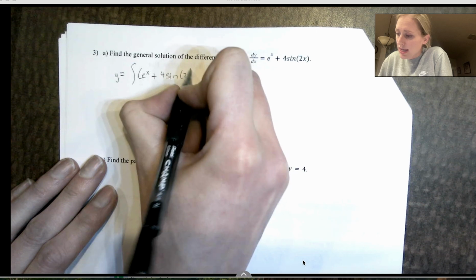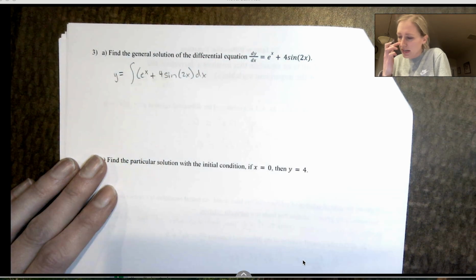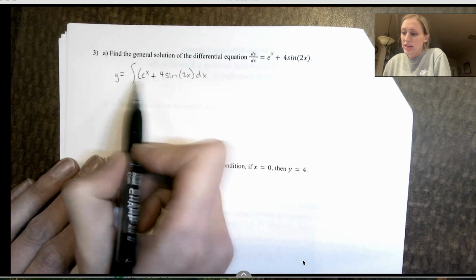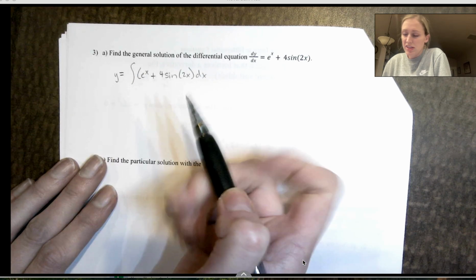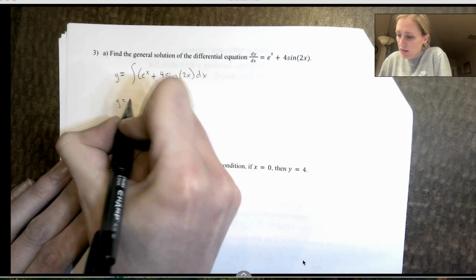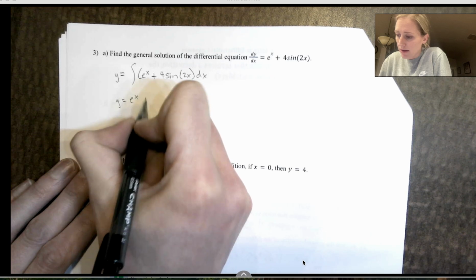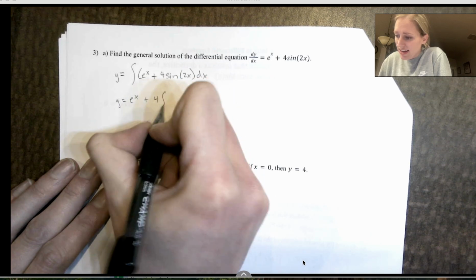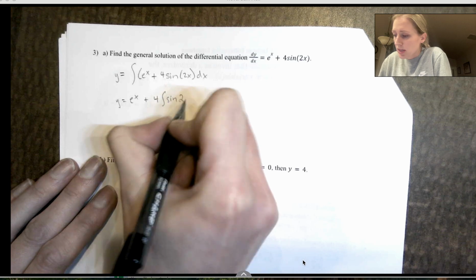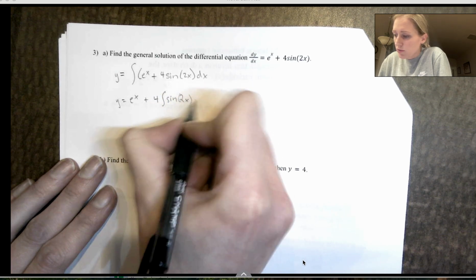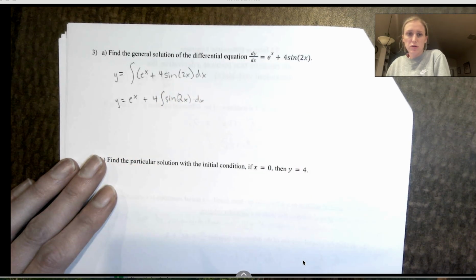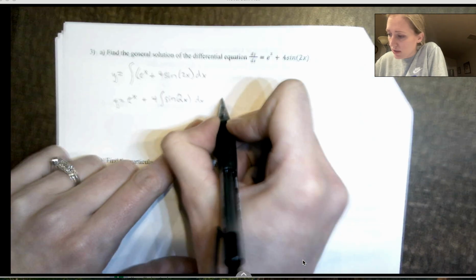Okay, now here we can take the antiderivative of e to the x pretty easily, right? We can also pull out that 4. Now, sine of 2x, we'll hopefully get better at these ones, but this is one where I typically would have used u substitution. We can still do that.